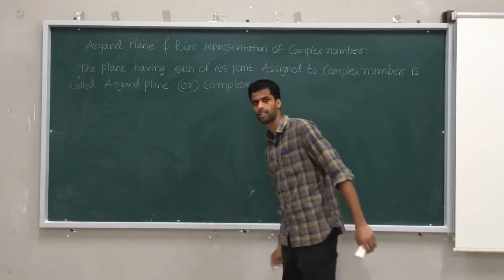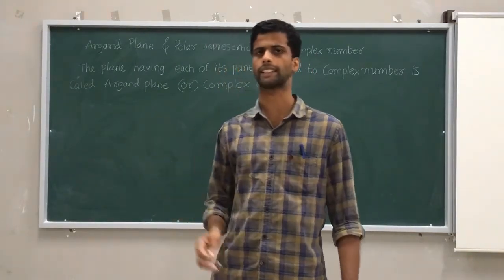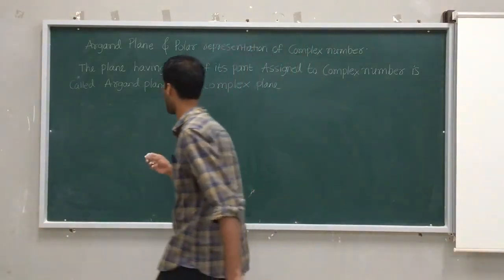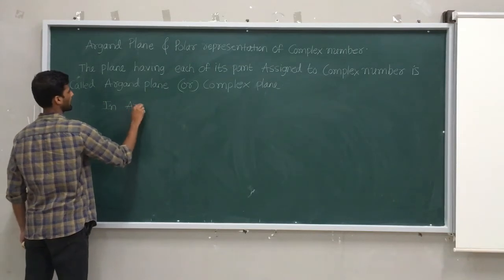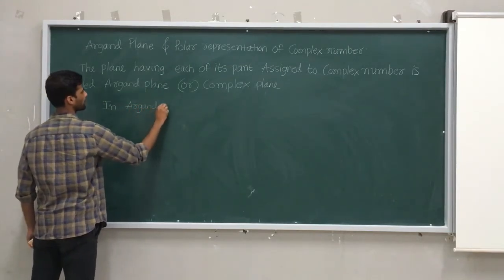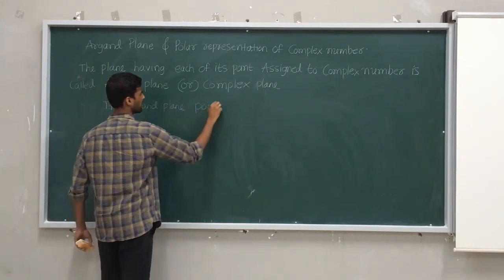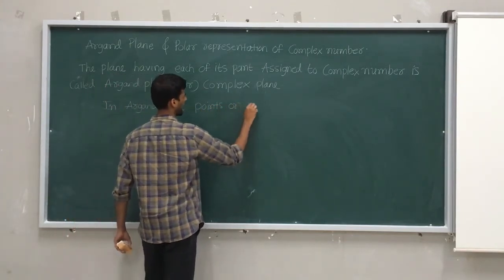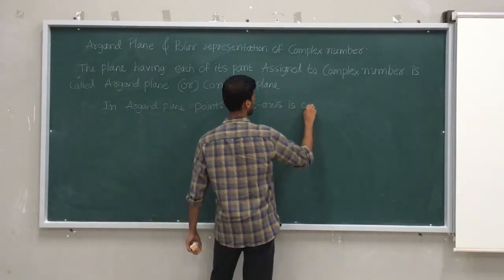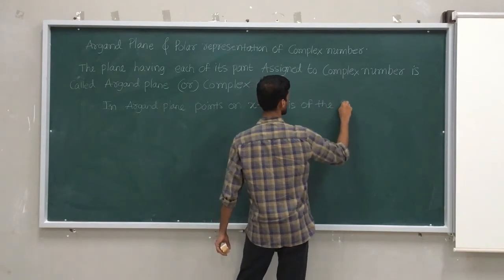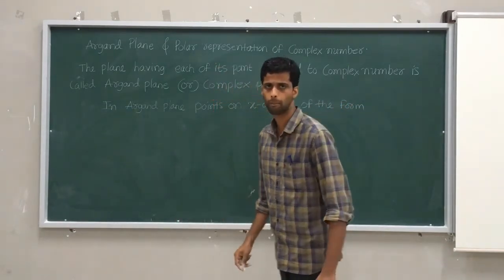Now again, as in coordinate geometry, there are two axes, x-axis and y-axis. But what is the difference here is, in Argand plane, points on the x-axis are of the form, on the x-axis always y points are absent.